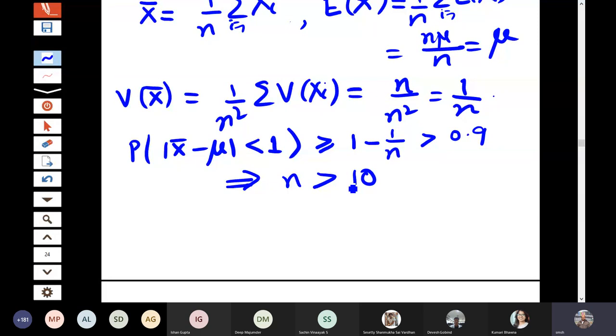That means at least 10 observations are required in order that the mean of the observations does not differ from the population mean by more than 1.